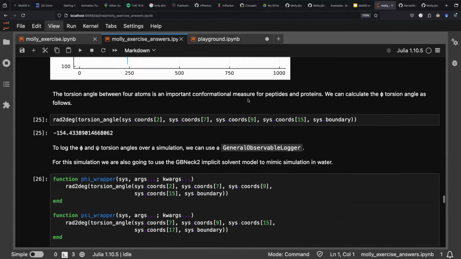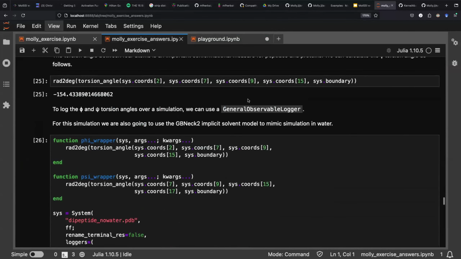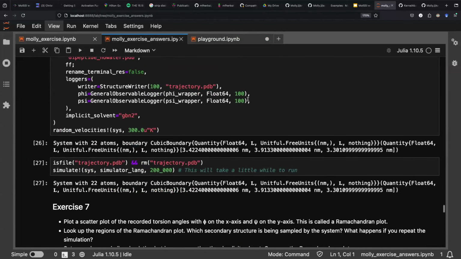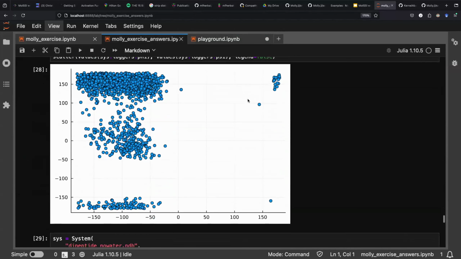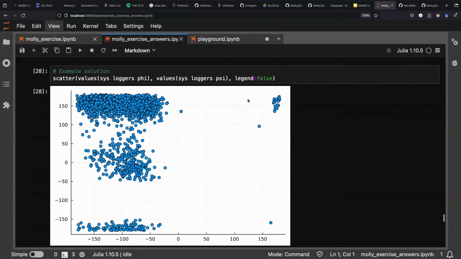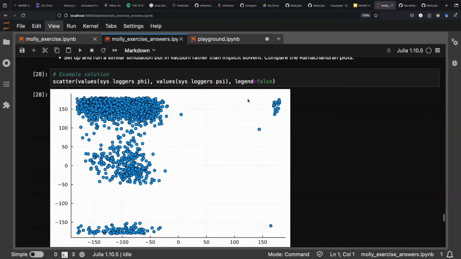Okay, so if we go on a little bit, now we're logging these torsion values, and when you plot them, you should get something that looks roughly like this.